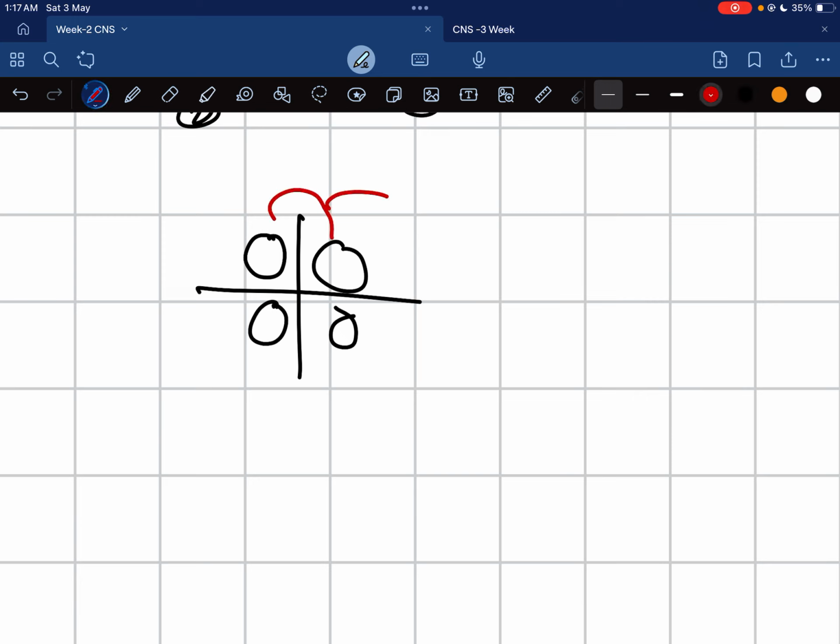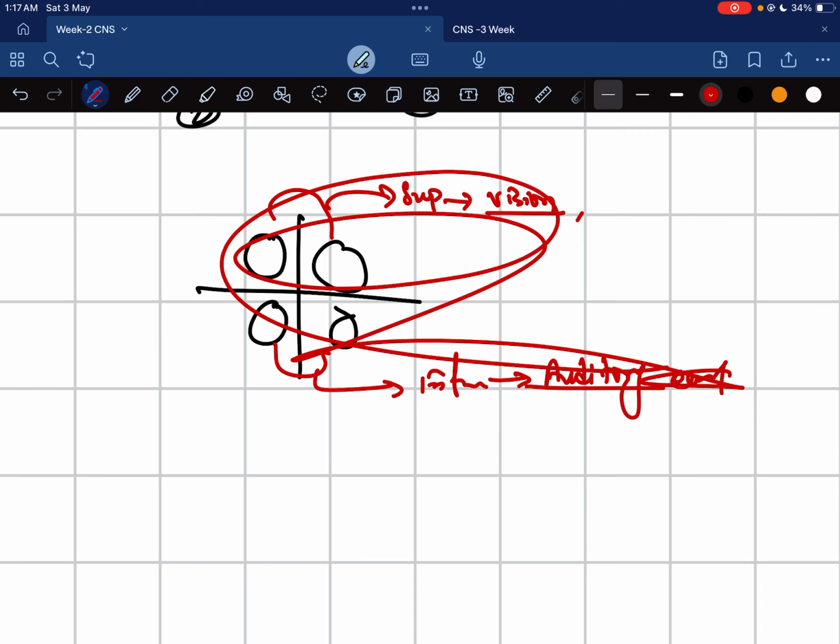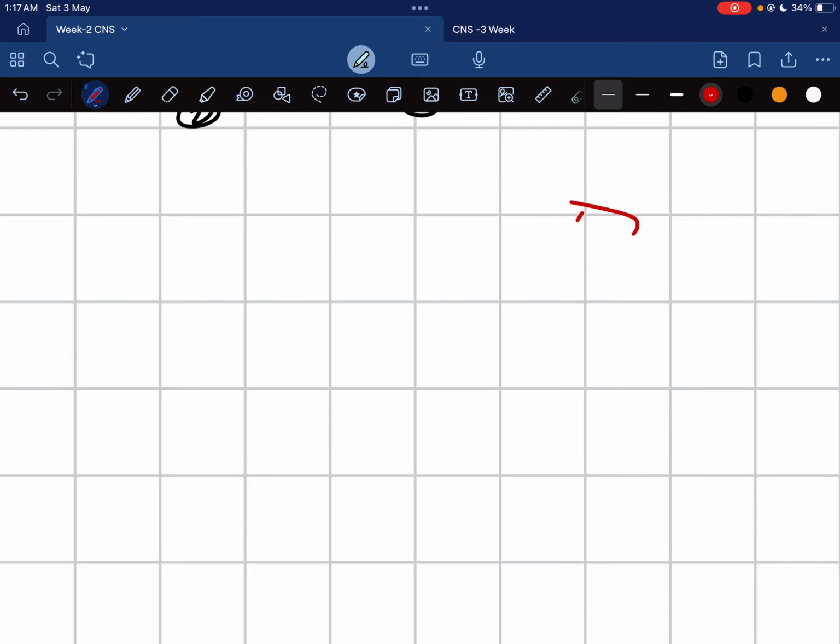These two are superior and those two are inferior. Functionally, the superior is associated with vision or optic, but the inferior is with the auditory. We will discuss more further on.